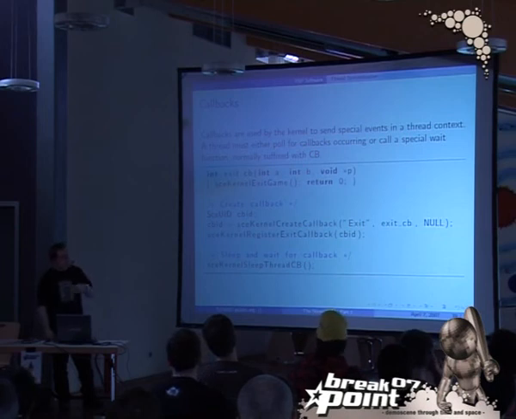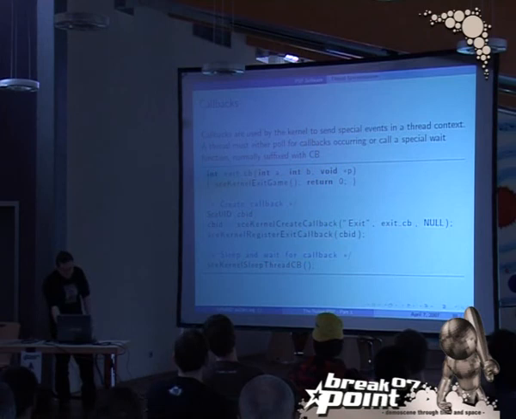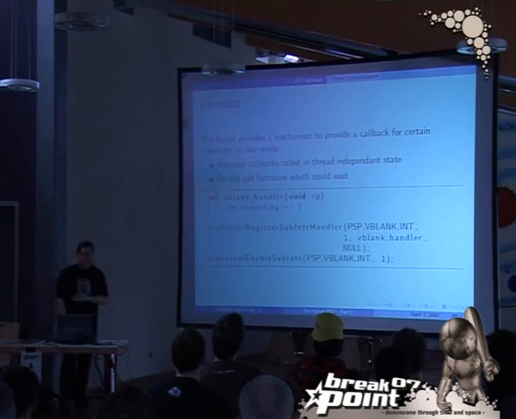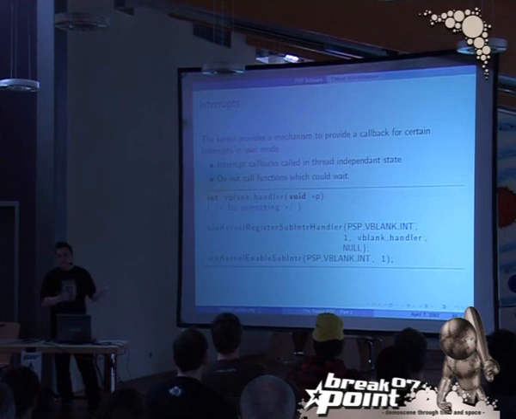In this example, it's creating a callback to wait for that signal, and then it will call exit game, which will drop it back to the Sony menu. All very simple. And interrupts. That's a bit of code of how to get a vertical blank interrupt, which can be useful. You can use that at the point to swap your double buffering over, etc.